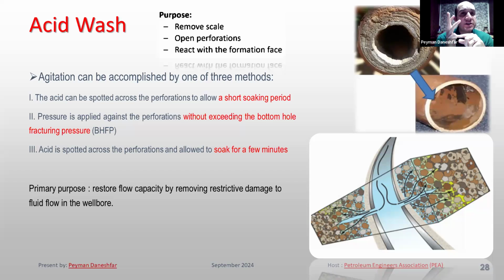We can soak it for a short time, for some minutes, and also we can pump it with pressure applied against the perforations without exceeding the bottom hole fracture pressure.